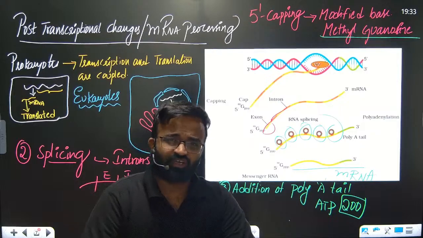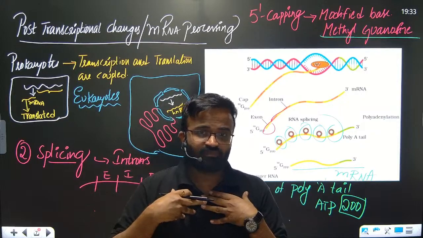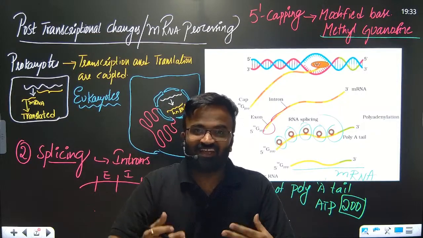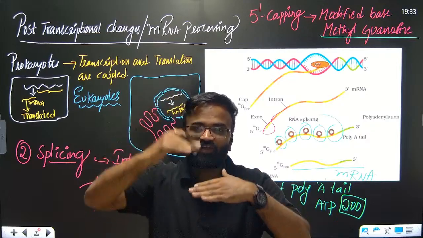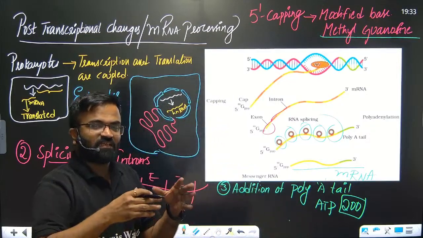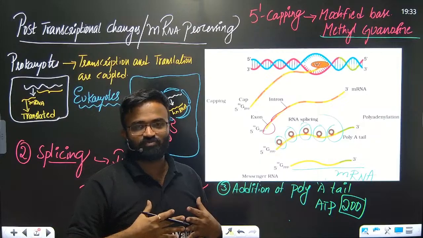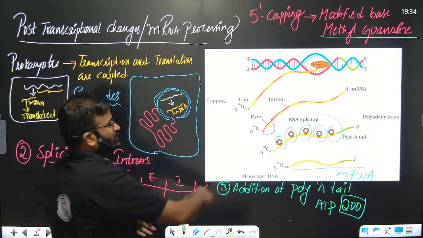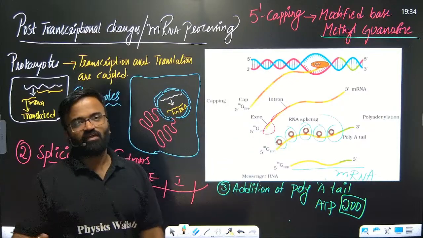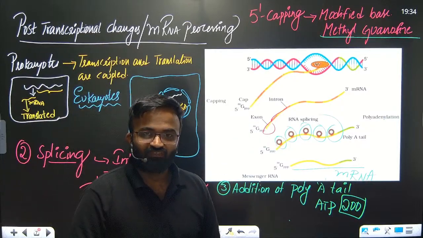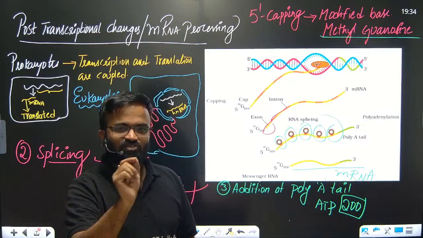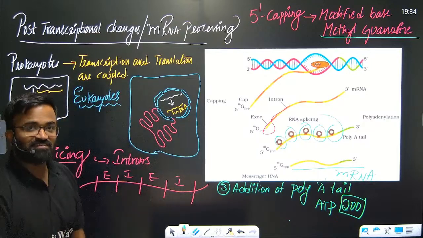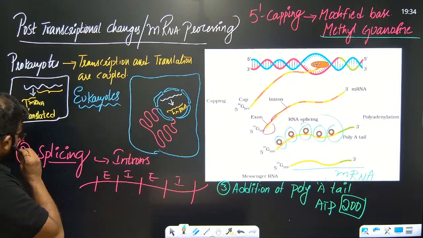I'm sure you don't ask, but I'm telling from my side that there is no order given clearly in NCERT. In the text it's in a different order, in the diagram it is in a different order. Hope you have seen and realized the small change within your NCERT. Okay, let's move on.